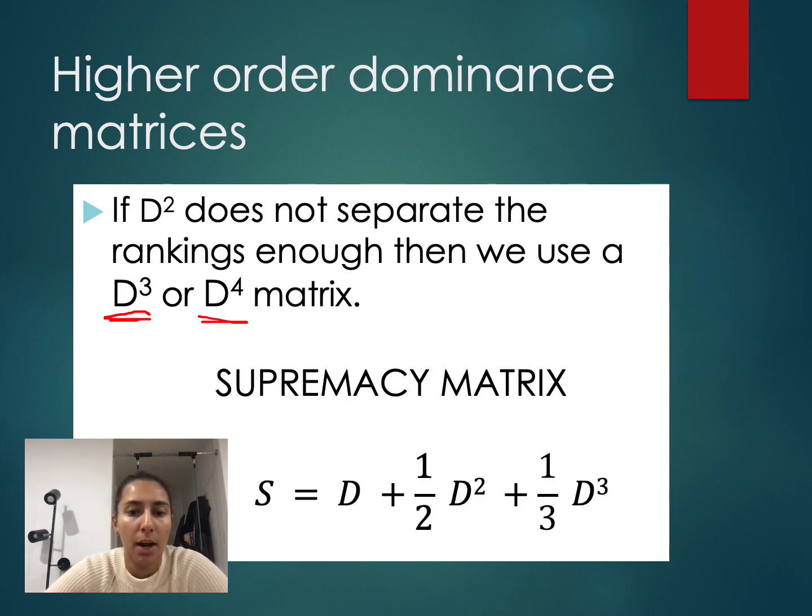So what our equation would look like if we were looking at a third order dominance, we could have D plus half D squared plus a third D to the power of 3. So every time you add a higher order dominance, you want to reduce the value that you are putting in front of it. So we've just gone with a third. If I needed to go to D to the power of 4, I could do plus a quarter D to the power of 4.